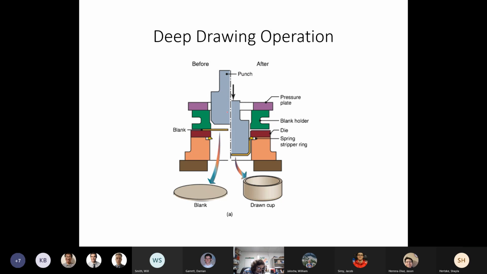The punch comes down, flows the material into the die, and then we get our drawn cup or our deformed cup. So again, this is a process that we might talk about.